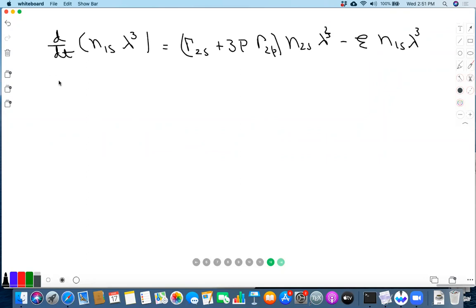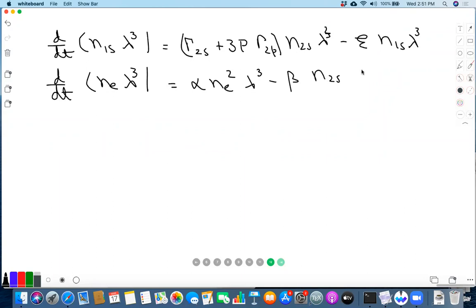Then d/dt of n_e lambda cube is alpha n_e square lambda cube minus beta n2s lambda cube.